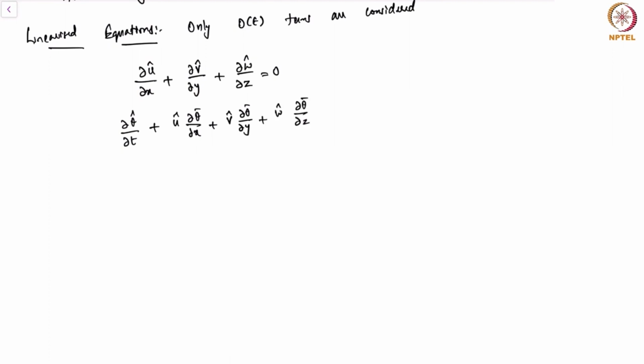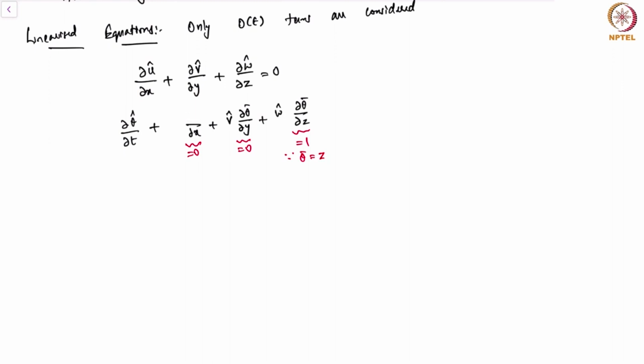Clearly, the first two terms are 0 because the mean does not have any variation in x nor in y, and the variation in z is exactly 1 because theta bar is exactly equal to z, and therefore del theta bar by del z is unity.